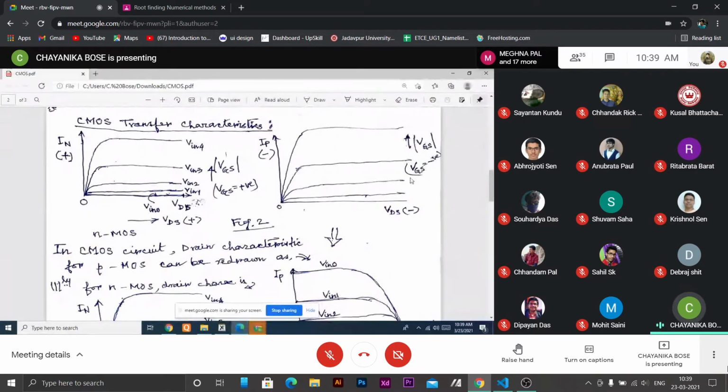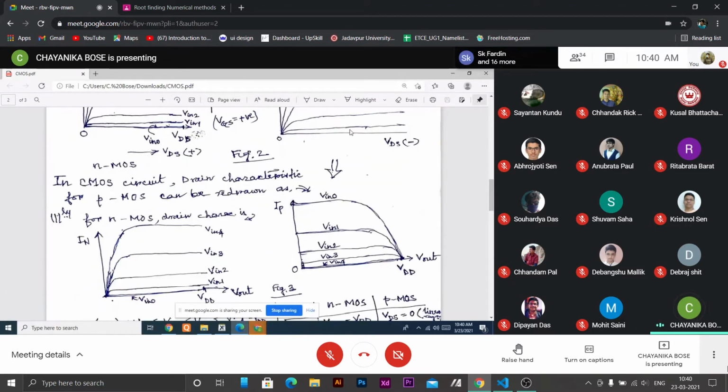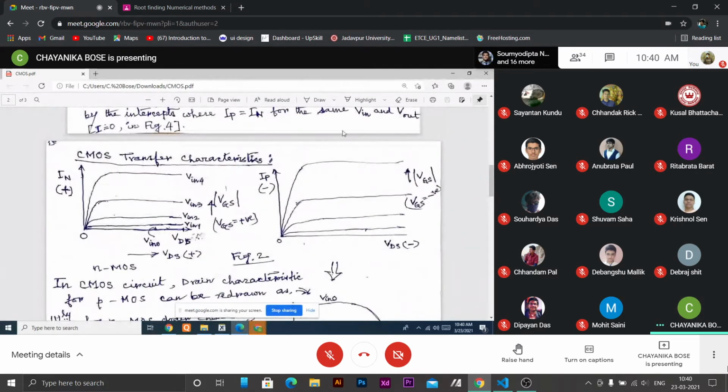VGS negative increases in this direction, that means it is the lowest gate voltage. With respect to this side, the magnitude increases, but if we consider the polarity, it is practically VGS 0, and as the value decreases, finally VGS is minus VDD for PMOS.